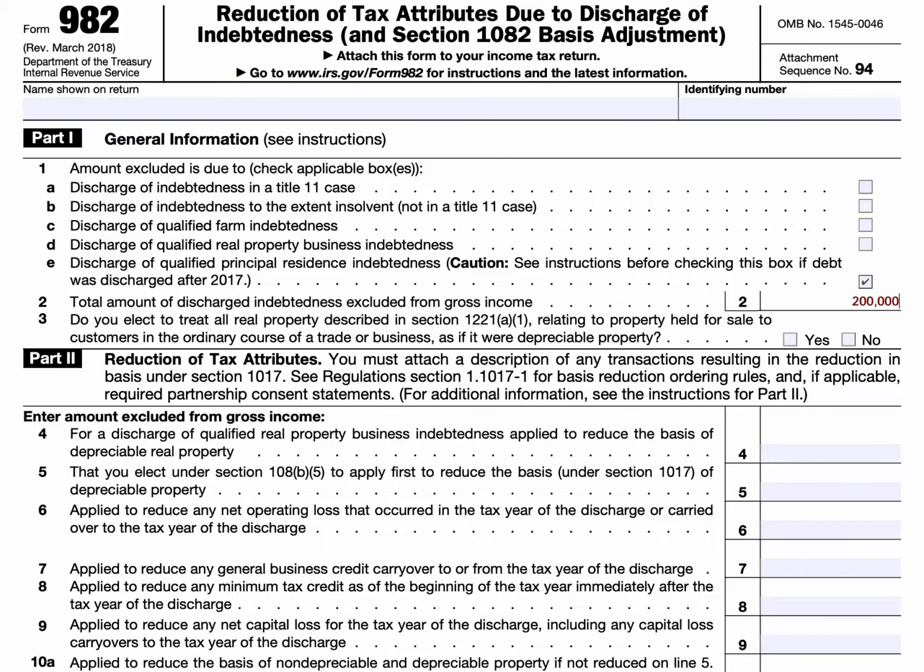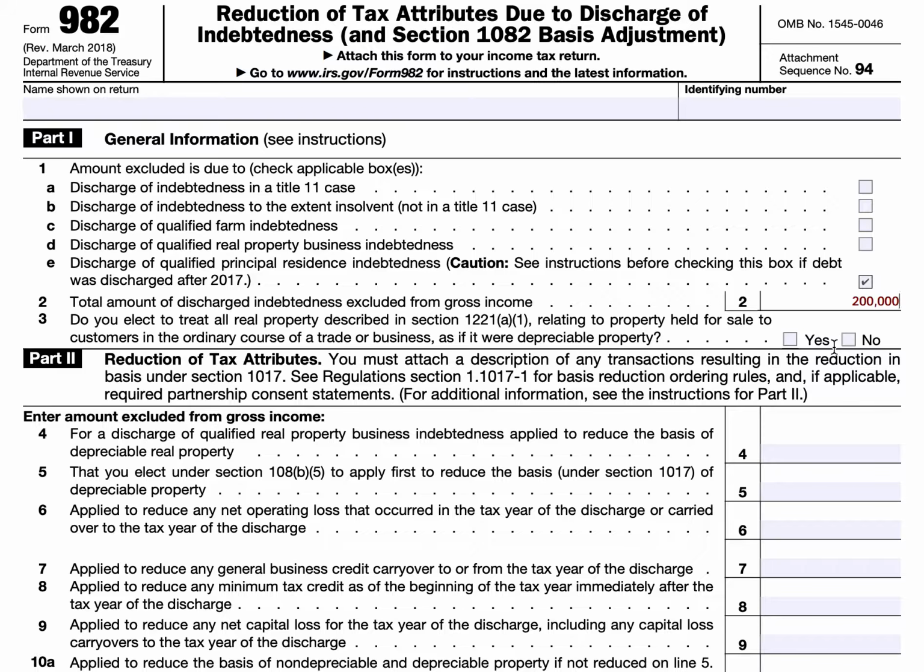Under line 3, if you decided to treat all real property as if it was real property held for sale to customers, then you can make that election here. We won't do that, mainly because we're not discharging any debt related to real property, and we're not depreciating the property that we have.